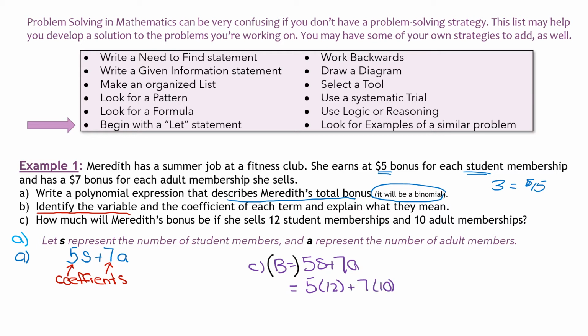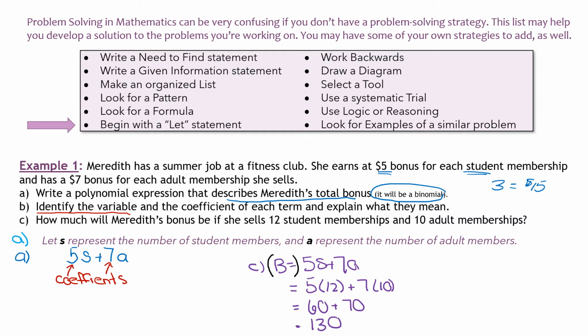Notice I have an equal sign below the one above it, and I'm writing everything vertically, one line below the next. So 5 times 12 is 60, and 7 times 10 is 70. So we get 130.